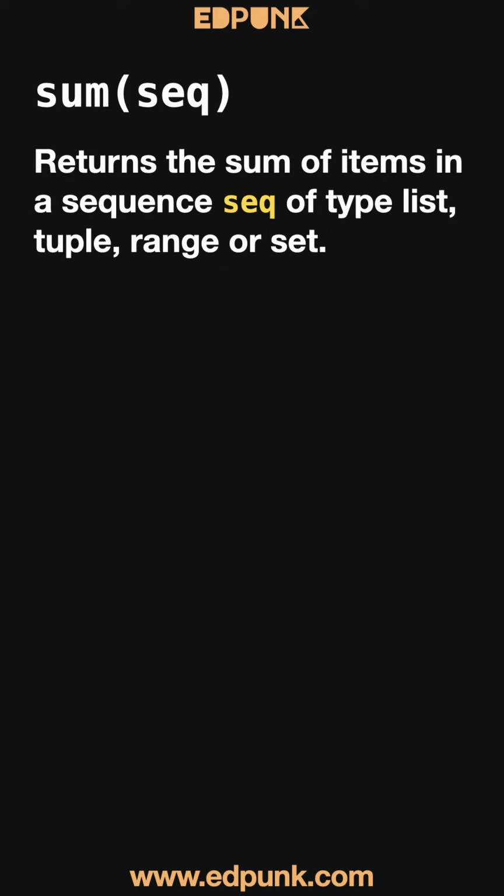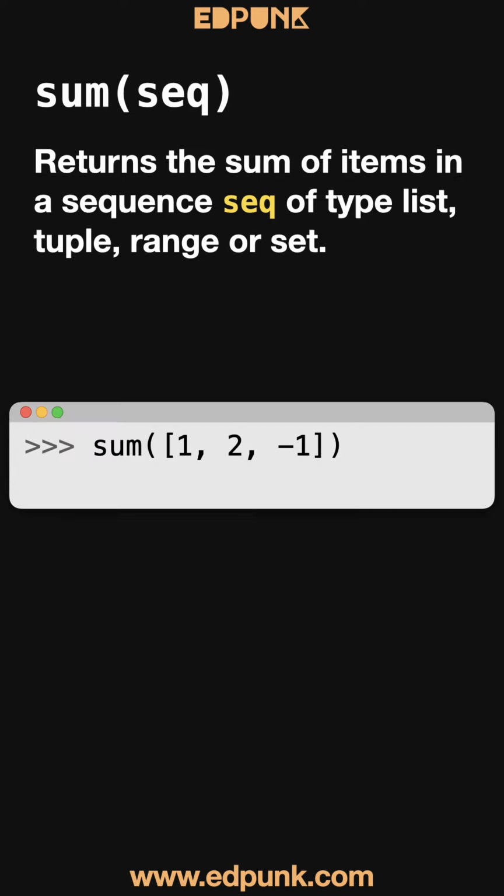Moving on to the next function. The sum function returns the sum of numeric items in a sequence passed as an argument. For example, let us evaluate the sum of items in a list. On executing sum of 1, 2, minus 1, we obtain the result as 2. Similarly, sum of a tuple 1, 2, minus 1 returns the sum of items, that is 2.